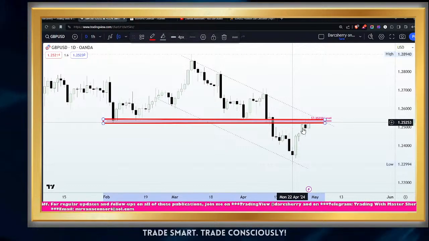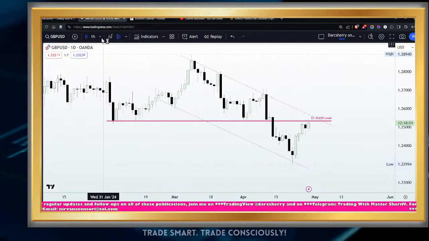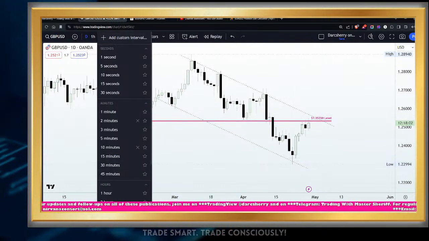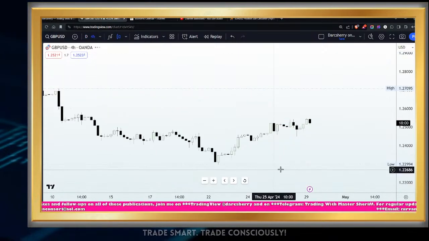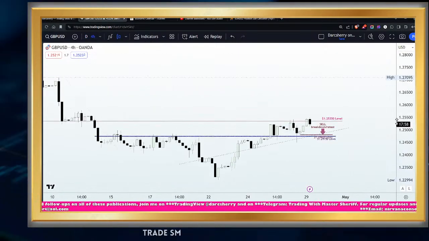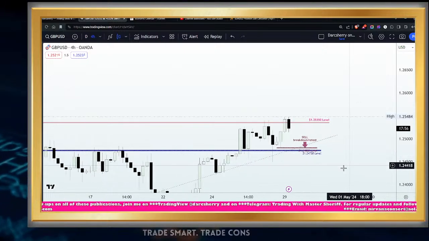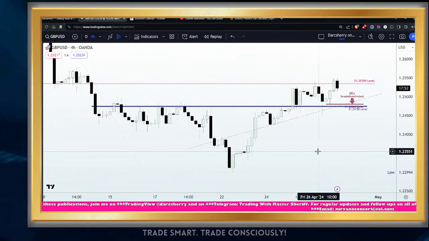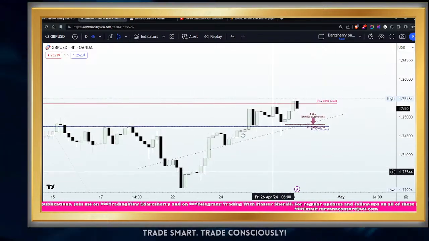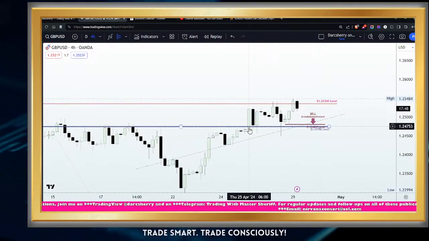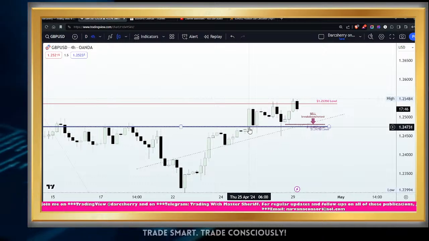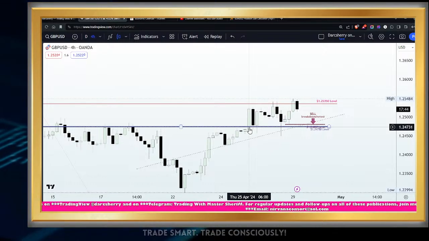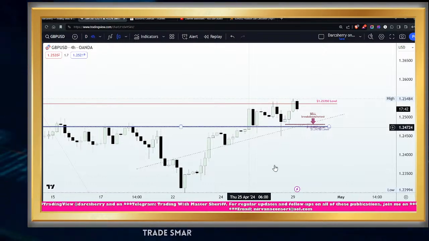Now, with this idea in mind, I have a simple setup identified on the 4 hours time frame, which will be playing a major role in guiding our decisions for this week. Now, look at the structure here. I have a range bound which details the trading activity in the last 48 hours.